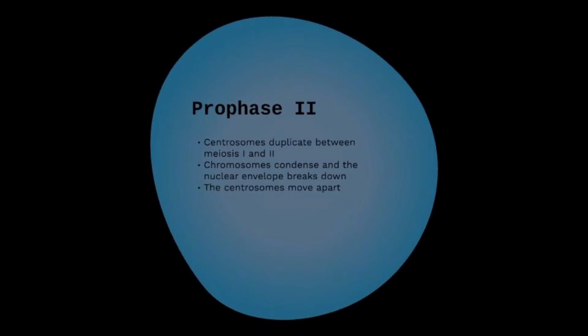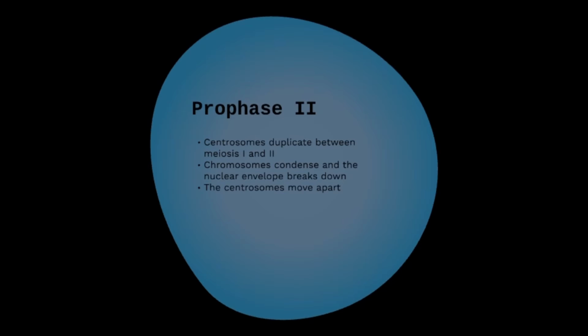And during prophase, the chromosomes condense and the nuclear envelope breaks down if it was reformed after meiosis I, and the centrosomes move apart to the different poles. So that should all be pretty familiar to you. It's pretty much the same during meiosis I and also during mitosis.